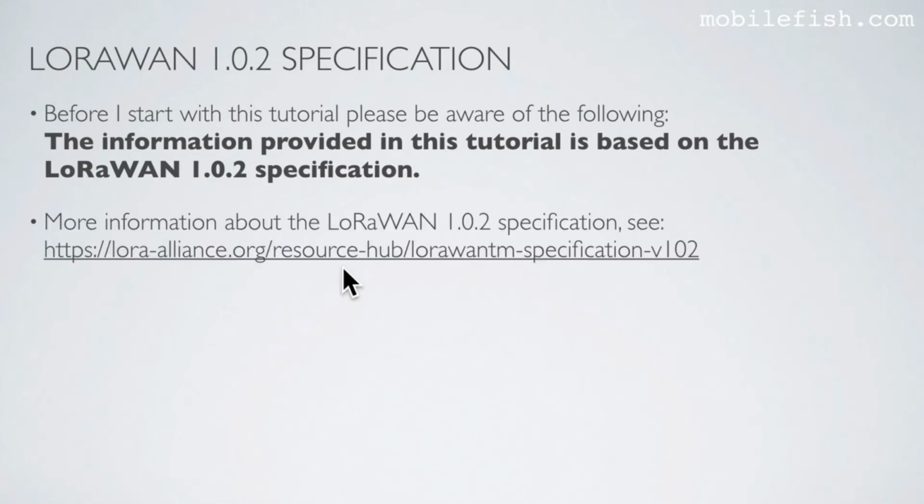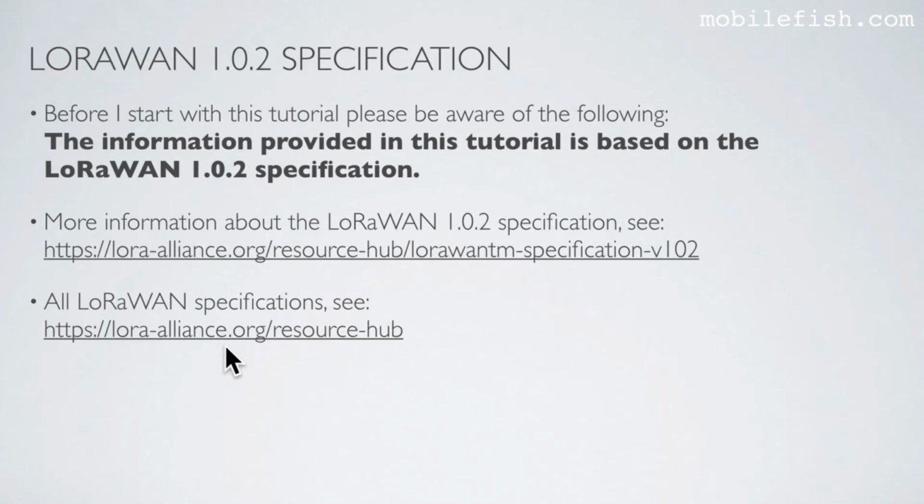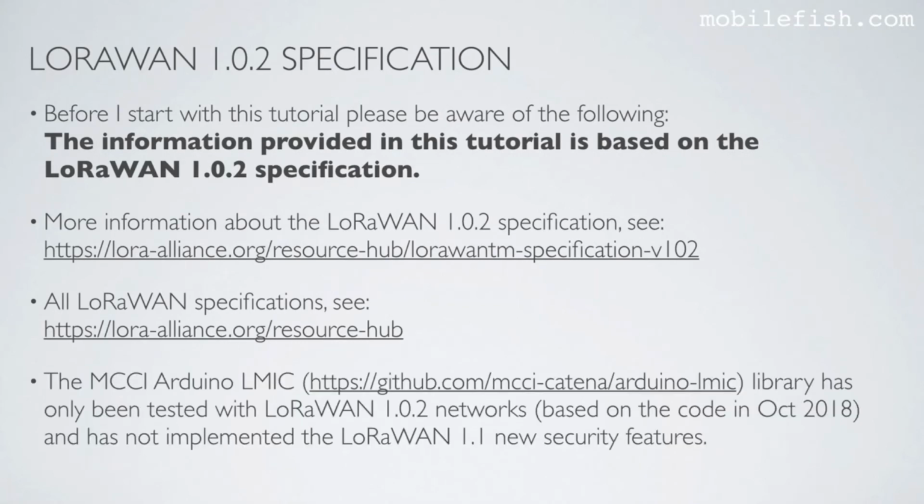More information about the LoRaWAN 1.0.2 specification can be found at this location. All LoRaWAN specifications can be found at this location. The MCCI Arduino LMIC library has only been tested with LoRaWAN 1.0.2 networks. This is based on the code in October 2018 and has not implemented the LoRaWAN 1.1 new security features.